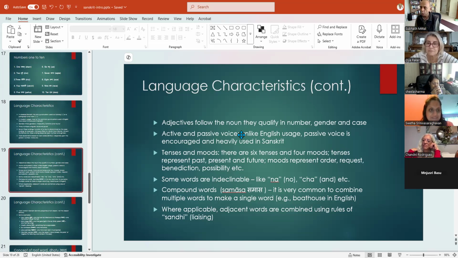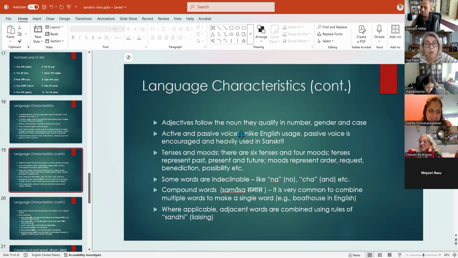Again, a silly example in Sanskrit about passive. If I say "I go," right? What's the Sanskrit for that? "Aham gacchami." Now in English, "I go," there's no passive for that. You cannot make a passive sentence. But in Sanskrit, perfectly fine: "maya gamyate."